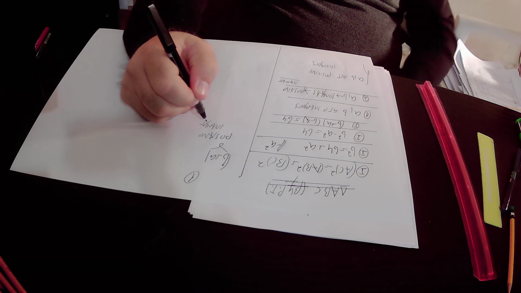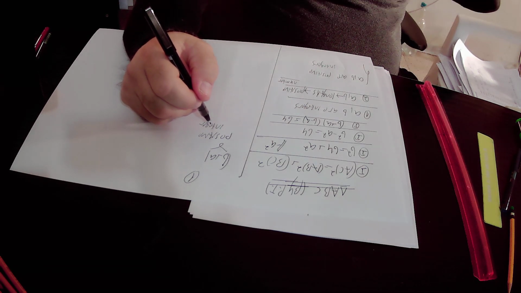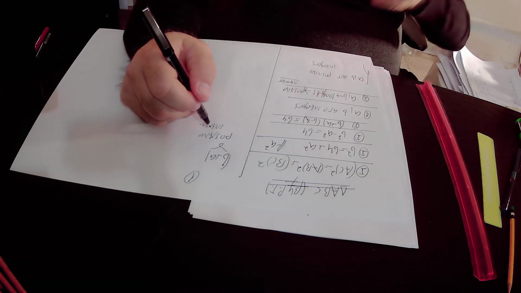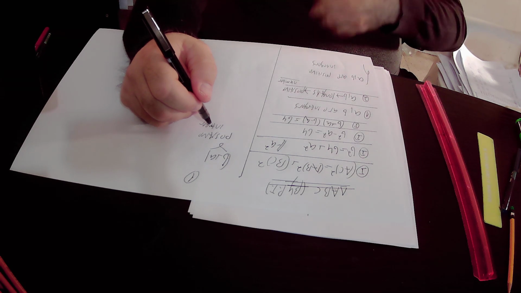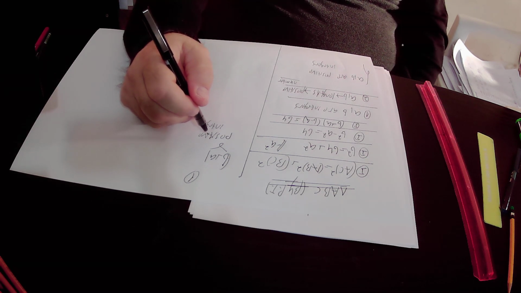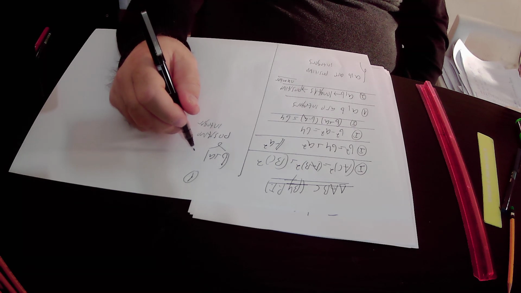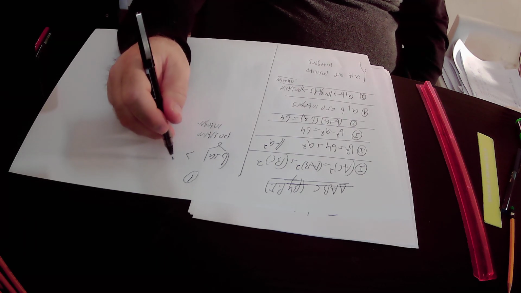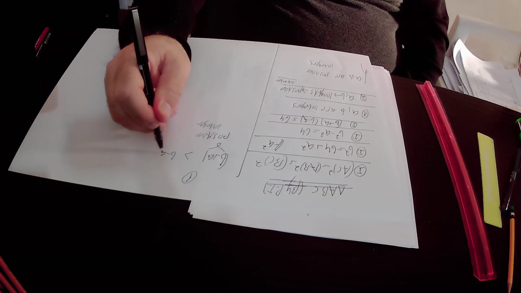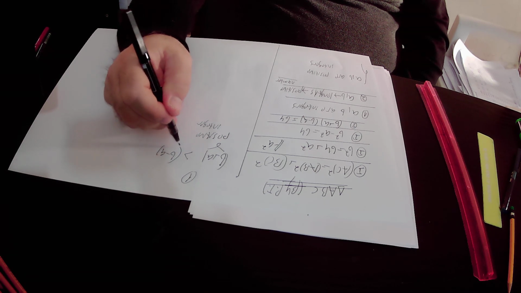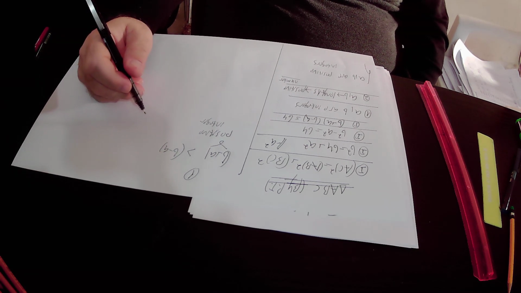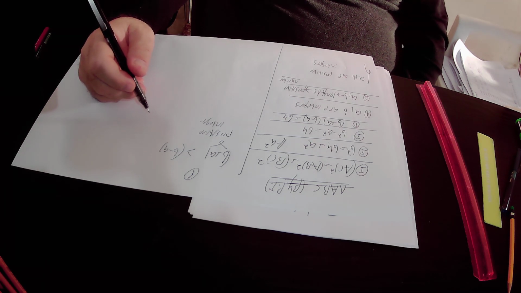And because a and b are positive integers, it means that b plus a must be greater than b minus a, because when you add two positive integers, the result must be greater than when you subtract them from each other.